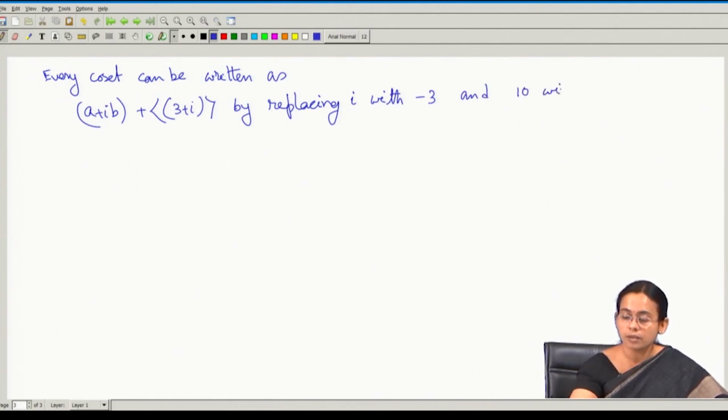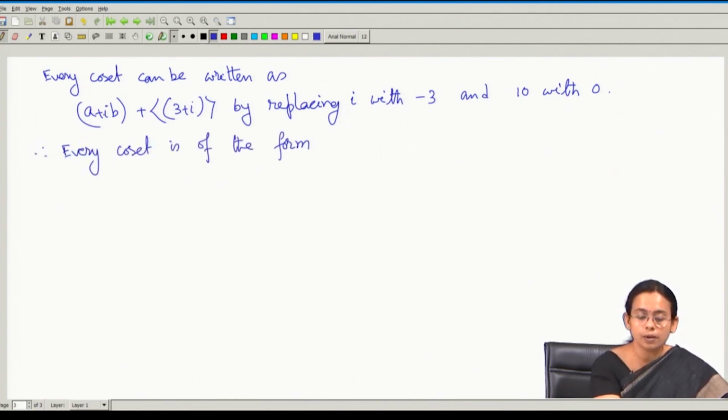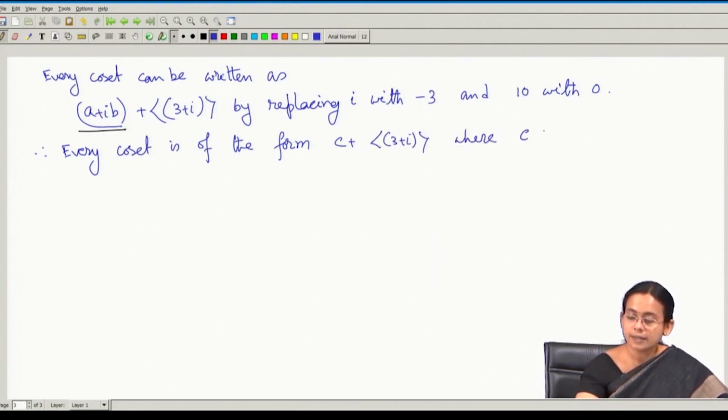So, wherever this i is appearing, I am replacing it with minus 3, and whenever 10 is appearing, I am replacing it with 0. So, this whole thing I can rewrite as of the form c plus the left coset, where c is an element in the modulo class Z.